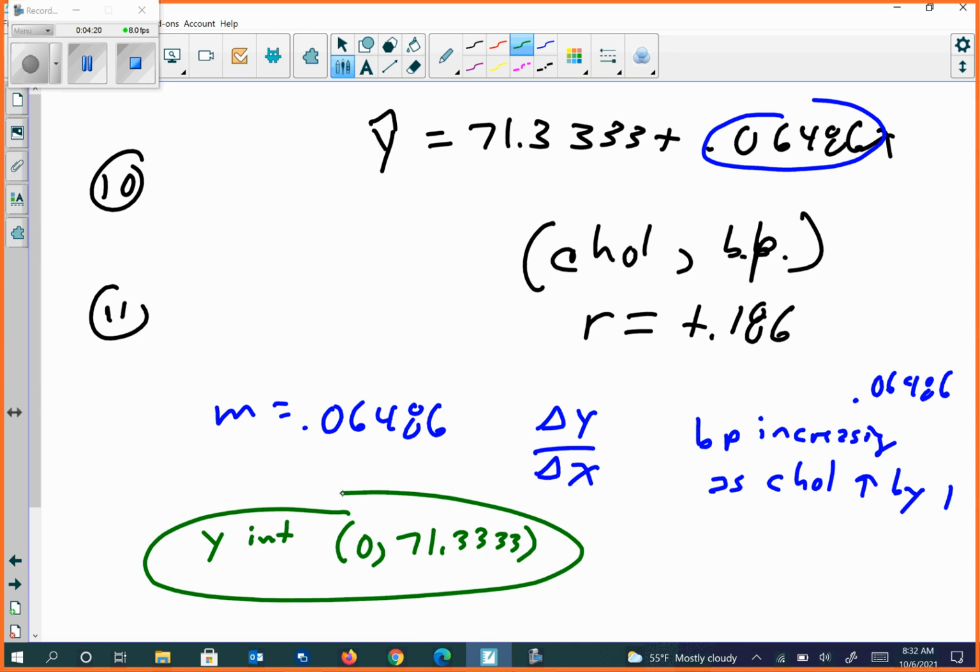Okay, so for number 12, you have to plug in -20. So if your cholesterol level goes down by 20 points, predict your amount of systolic pressure. Yeah, so you would plug 20 in for this X. So would it be positive or negative? It goes down by 20.